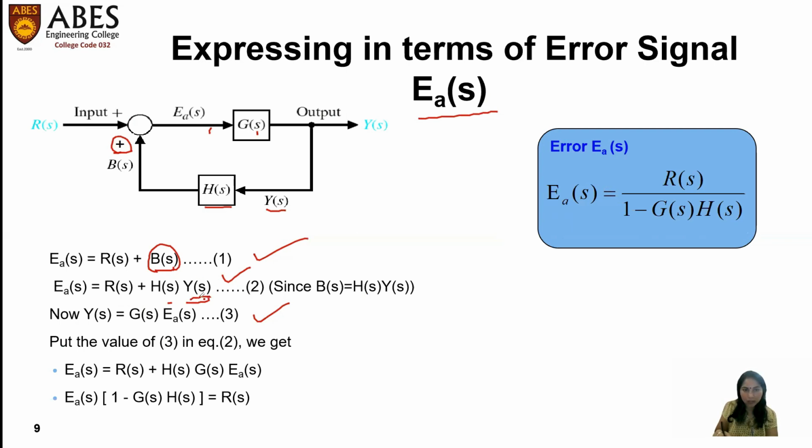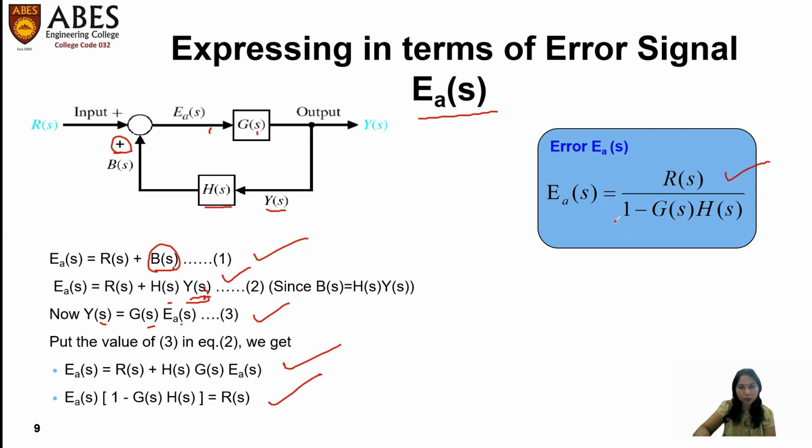I want to replace it in terms of E(s). So in place of Y(s), we'll write G(s) into E(s) in this second equation, and we'll get this equation. Now just rearrange this equation. Now I want E(s). So E(s) is nothing but R(s) upon 1 minus G(s)H(s). This is the expression of the error signal E(s) for the positive feedback system.